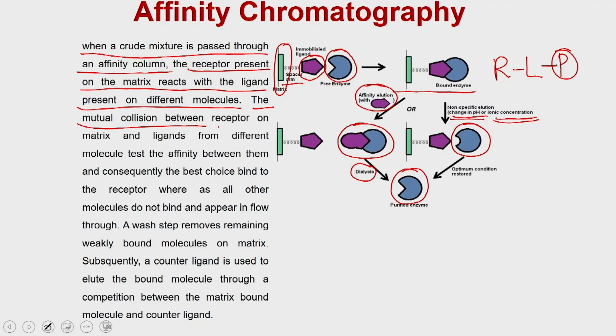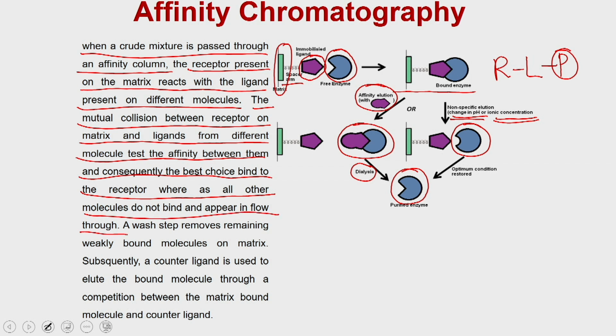So, that is between the receptor on the matrix and the ligand from the different molecule, testing the affinity between them, and consequently the best choice binds to the receptor, whereas all other molecules do not bind and appear in the flow through. So, this is about the binding of your enzyme, because it is going to have a very high affinity for the immobilized ligands.